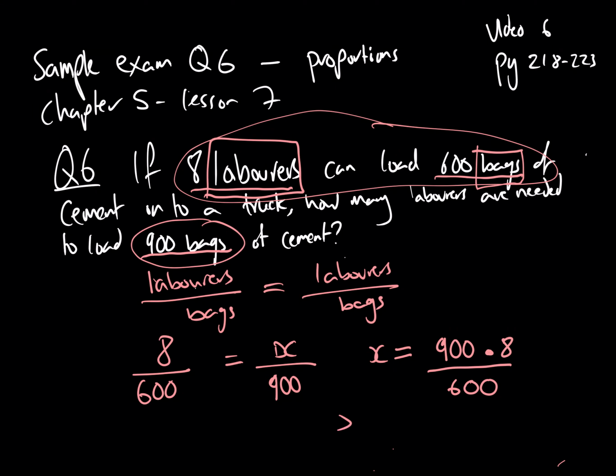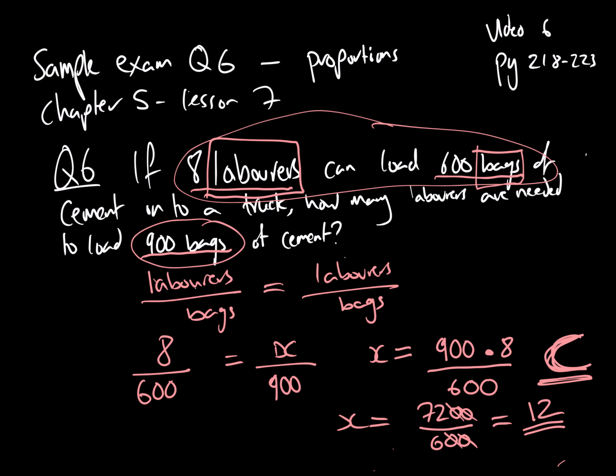Now, when we work this out, we have X is equal to 7,200 divided by 600, and we remove the zeros, and then 72 divided by 6 is equal to 12. So we need 12 labourers to load 900 bags. If you look at the question, this is answer choice C.